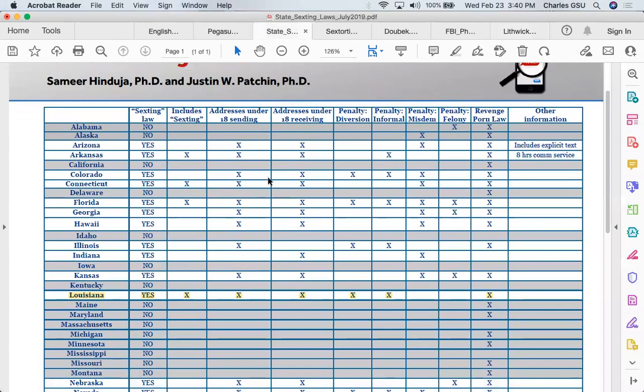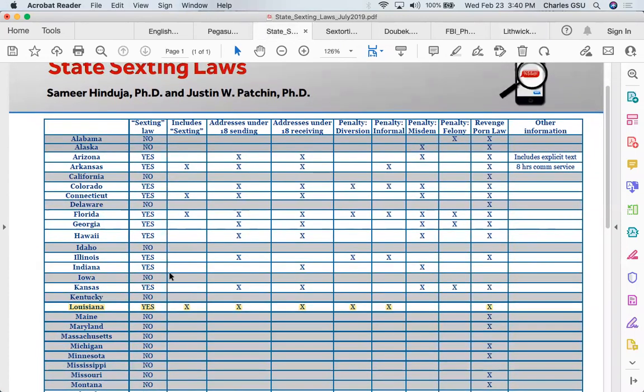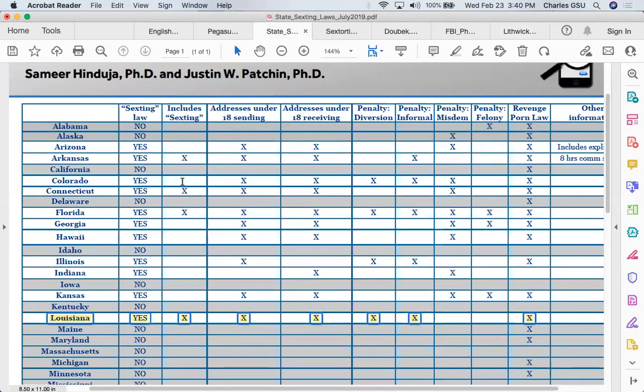And in Louisiana, there is in fact a law, as you can see here. There's a law that prohibits sexting, right? That is the sending or receiving of material for anyone who's under 18, because let's remember that in no state in the United States, in fact most of the countries around the world, is nudity of child pornography allowable.